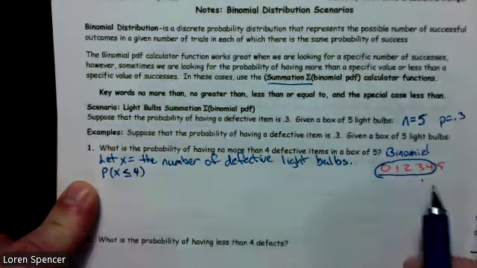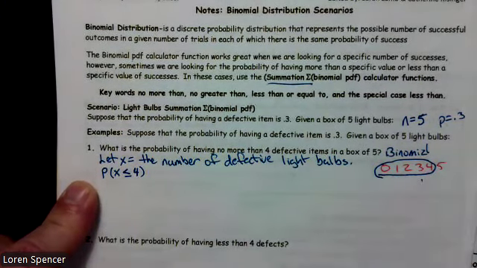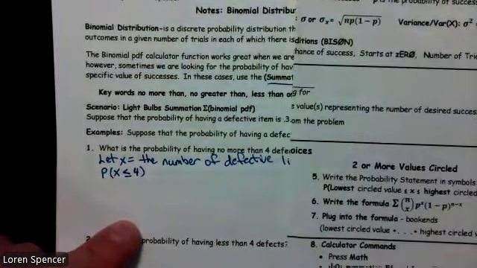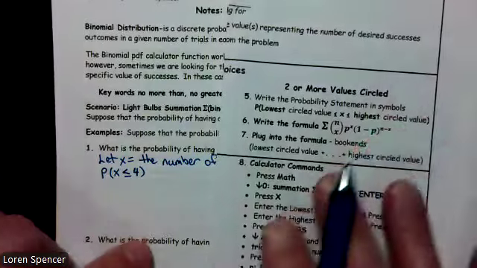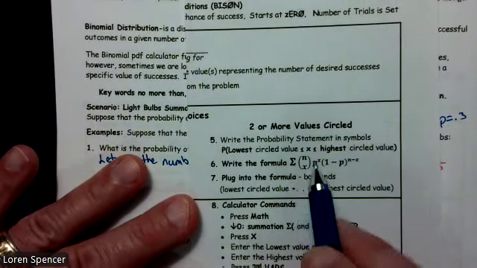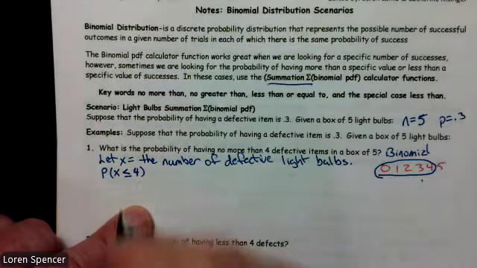We didn't want any value greater than 4, but we wanted all the values less than or equal to 4. So the probability X is less than or equal to 4. The next thing we need to do is write our formula. It's the same formula, except we put a summation sign in front. That's the only difference. If it has multiple values, we put a summation symbol in front.